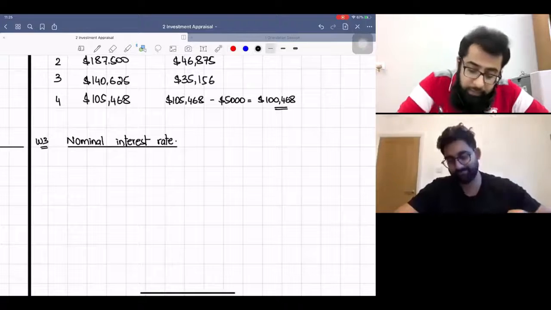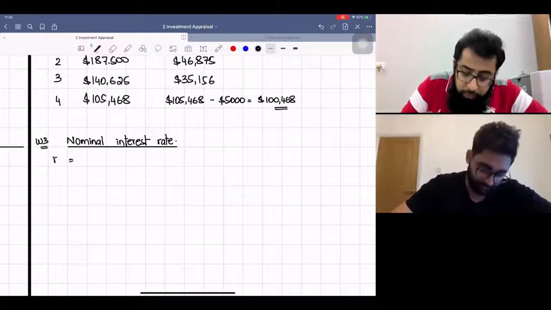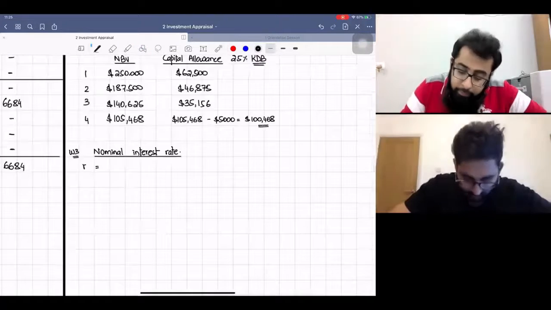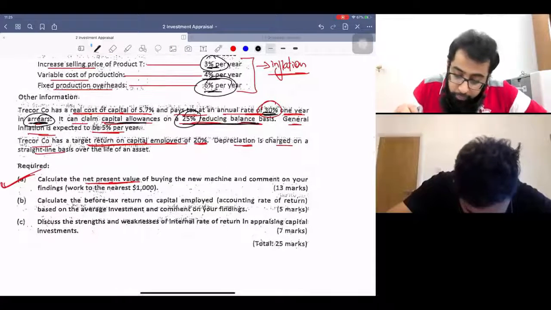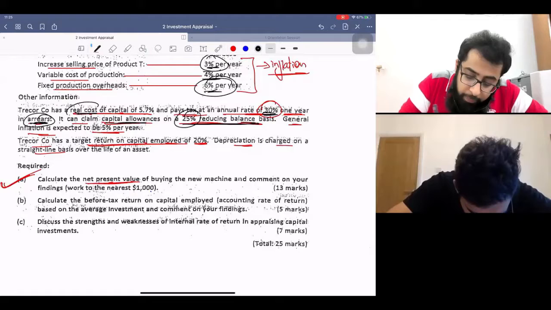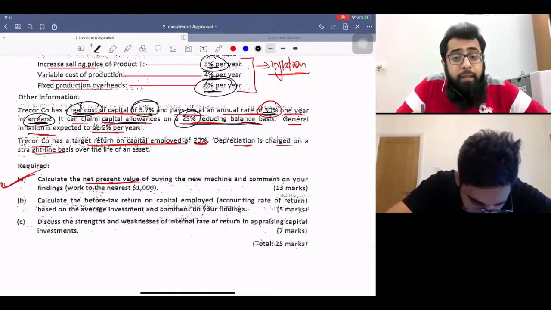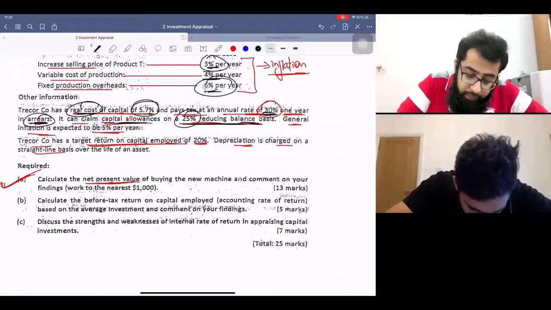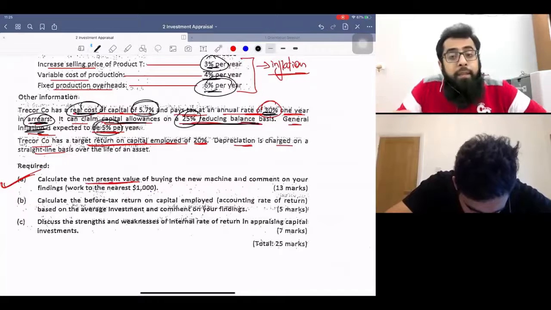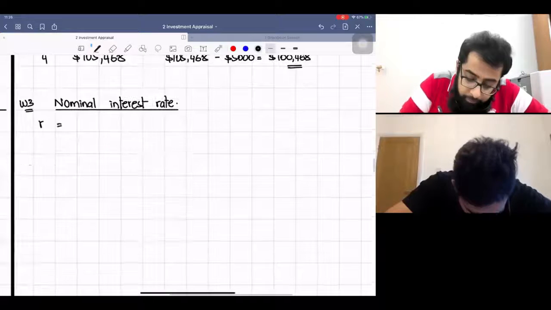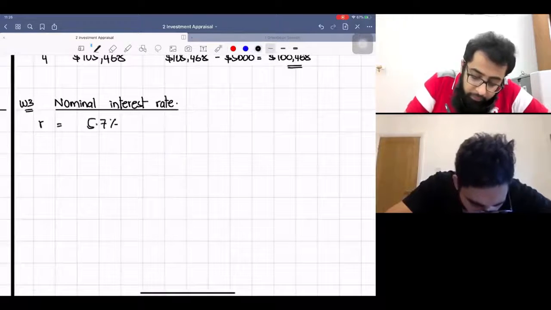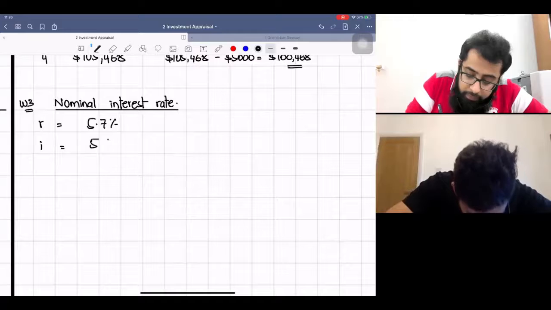Now in the question, the real cost of capital was 5.7% and the inflation rate was 5%. So 5.7% is the real rate and the inflation rate is 5%.